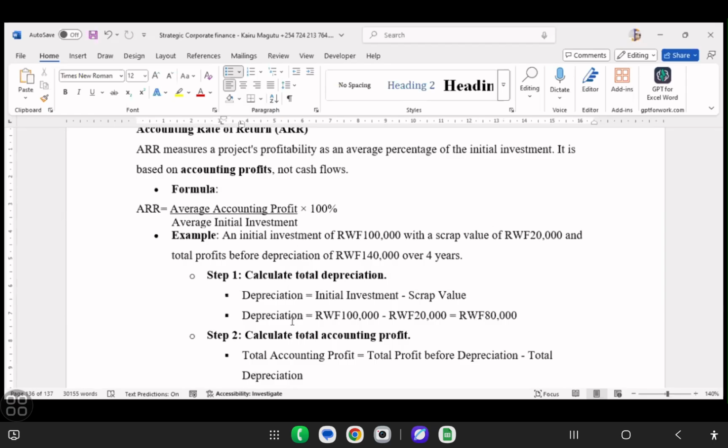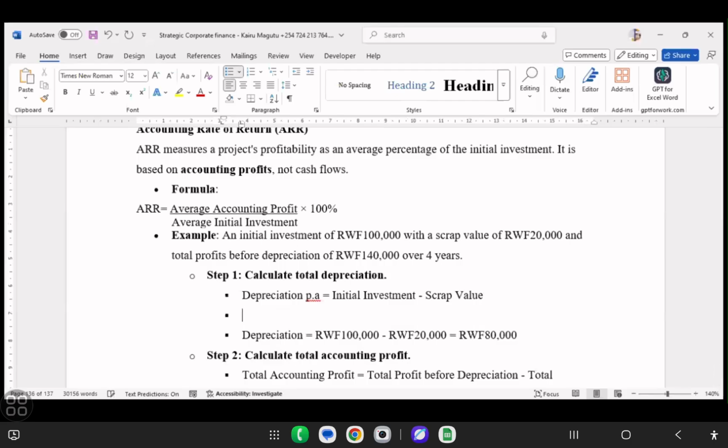Depreciation is initial investment minus the scrap value. Let me put the depreciation per annum. Depreciation per annum is equal to the initial investment minus the scrap value, divided by the economic life. That will give us the depreciation per annum.